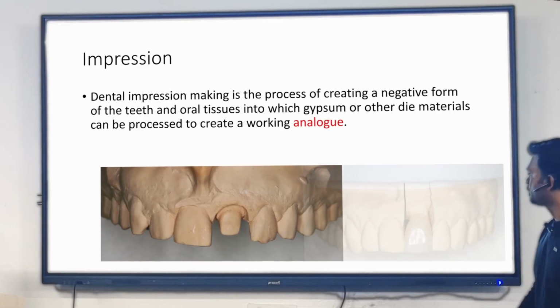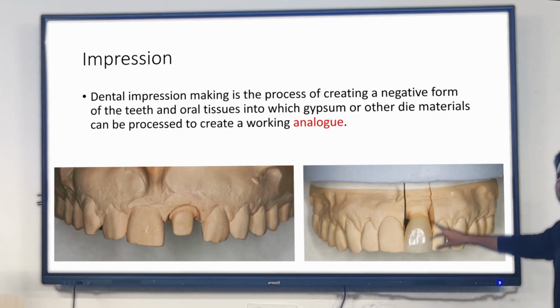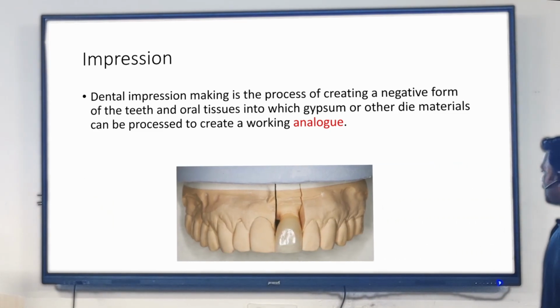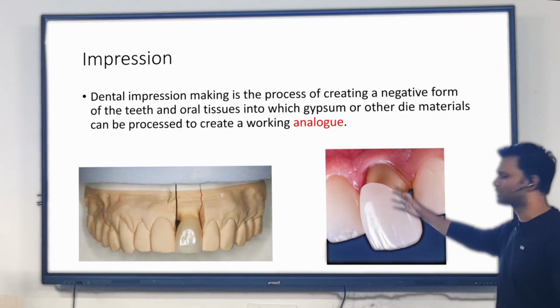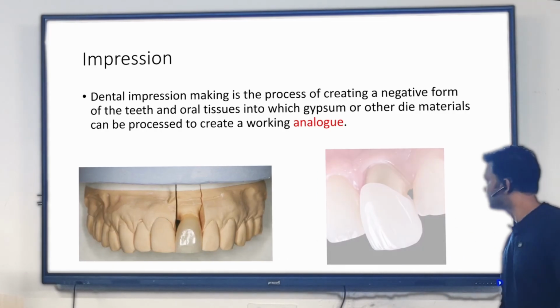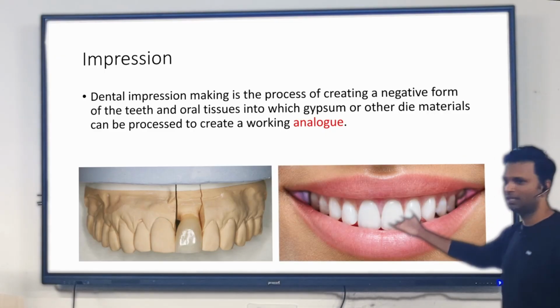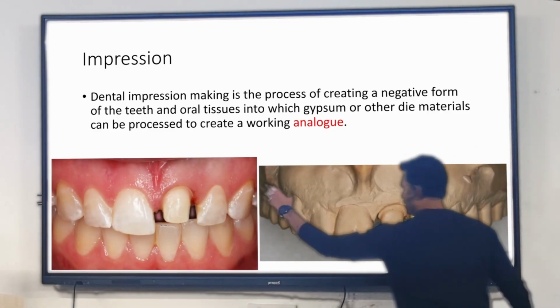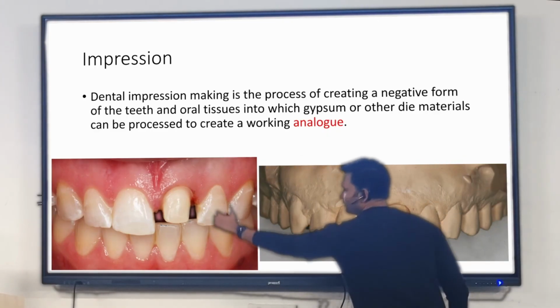On top of this, the dental lab or the prosthodontist is going to create the prosthesis, and we receive that prosthesis and deliver it to the patient. And so basically this is the analog of this.